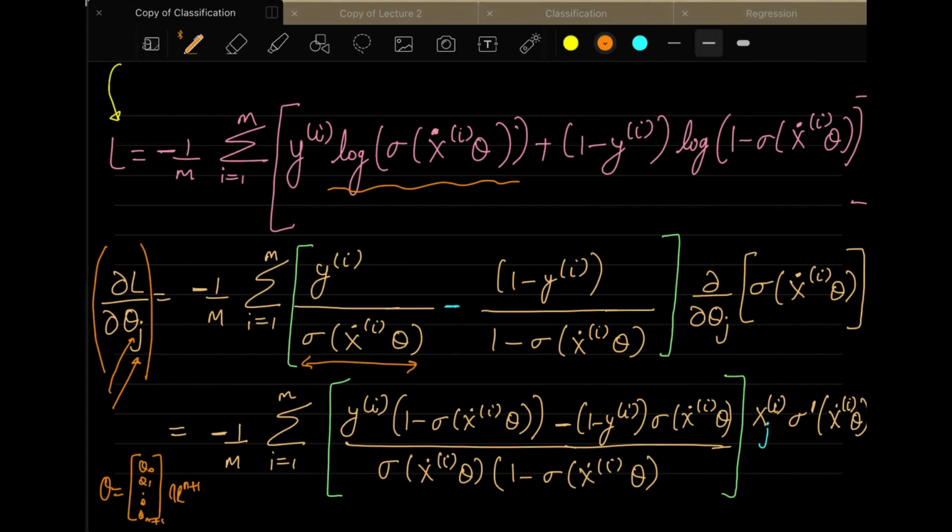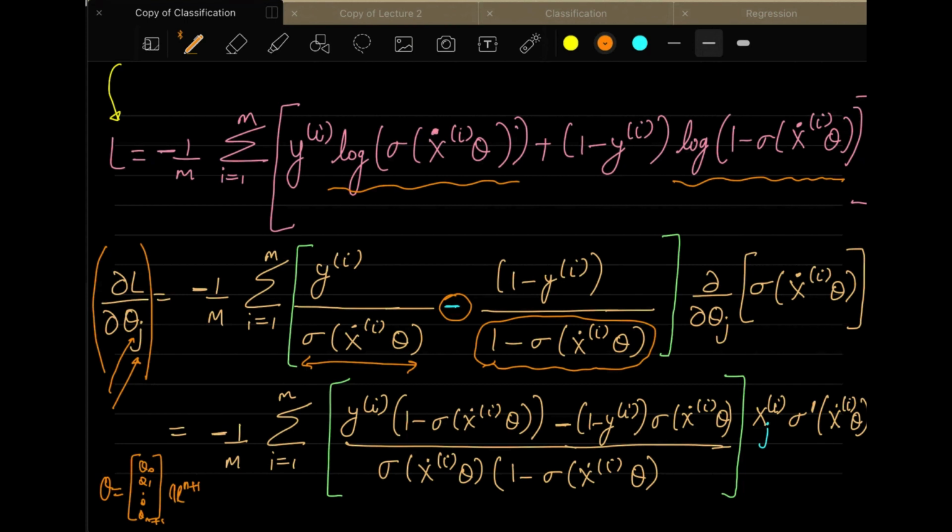Then we have the term which is log of 1 minus x. If you take the derivative of log of 1 minus x, it will be this, and you have a minus sign also here. This is a simple derivative rule, so there is nothing fancy about it.